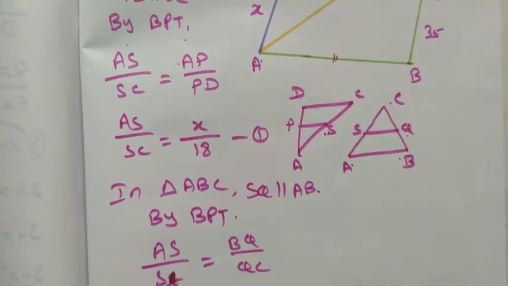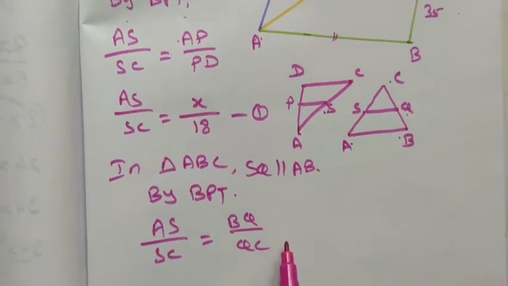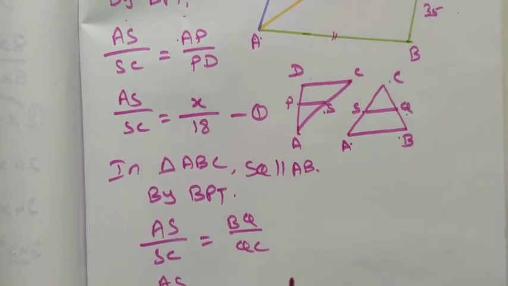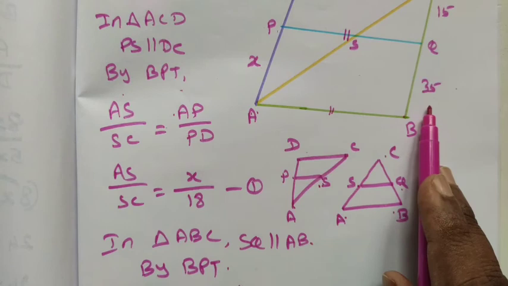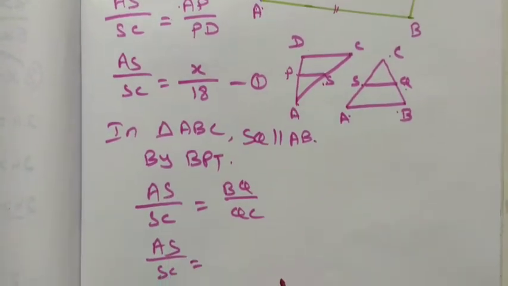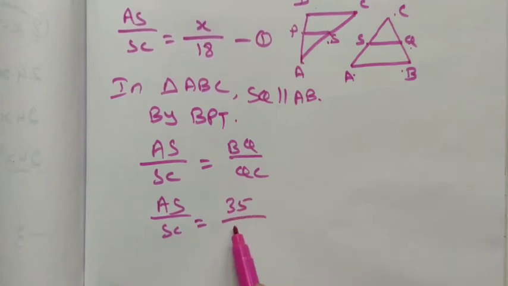Now we don't know the value of AS and SC, but we know the value of BQ and QC. BQ is equal to 35, and QC is equal to 15. So it is 35 divided by 15. Let me take it as equation number 2.